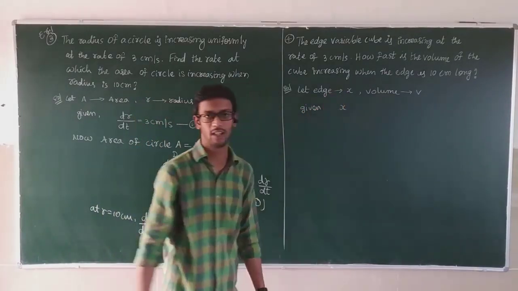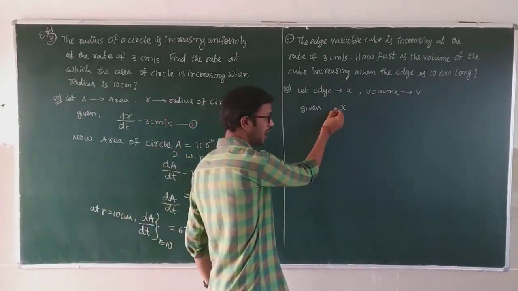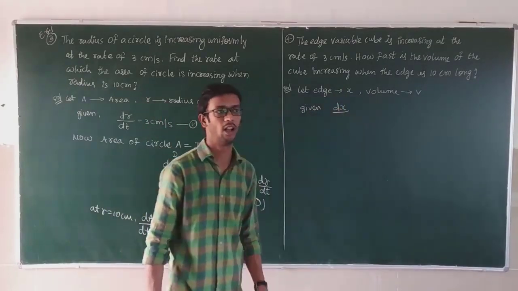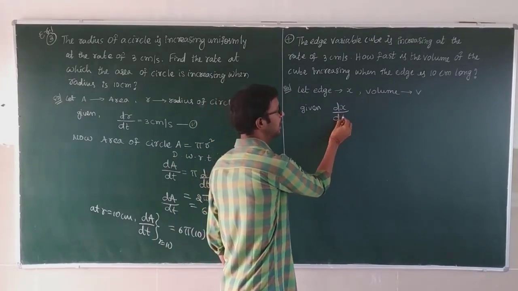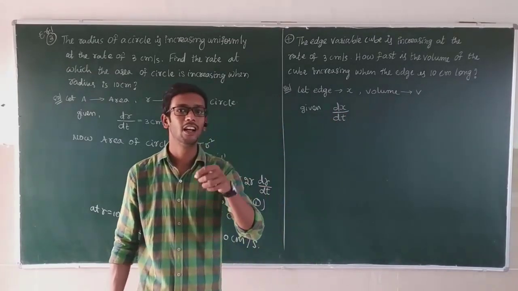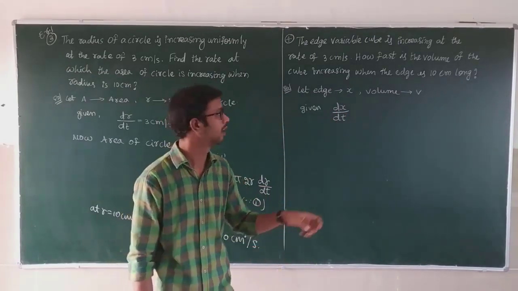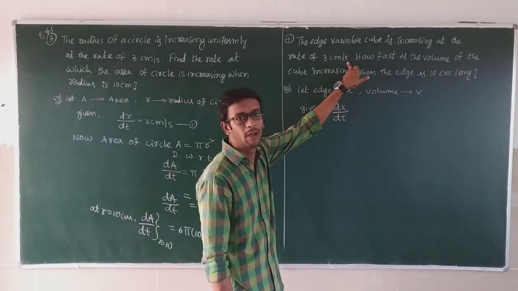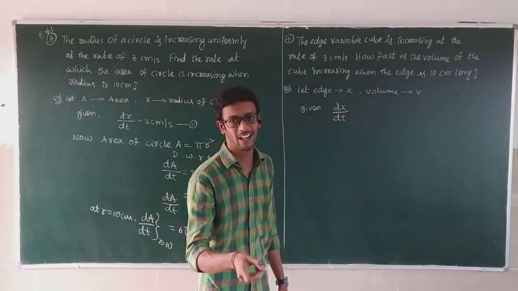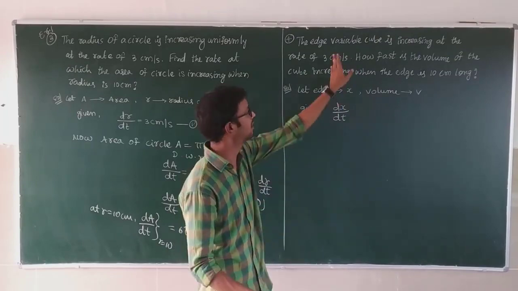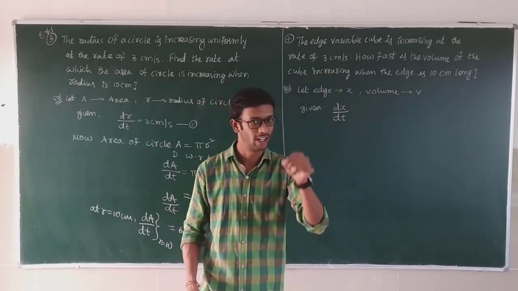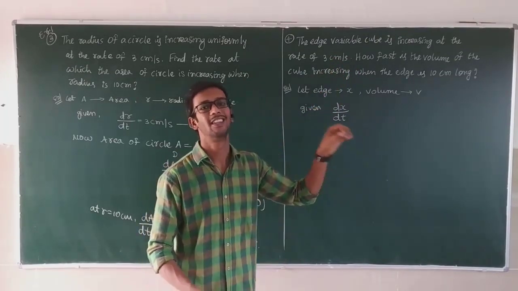The edge variable is increasing. The change in edge variable is dx by dt. Sir, why are we taking t? You may have this doubt here. Per 1 second, 3 centimeters increasing. With respect to time, x is increasing.